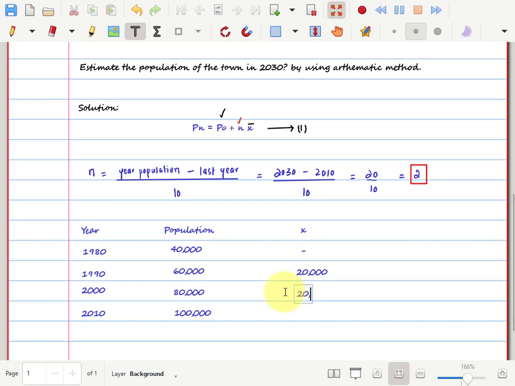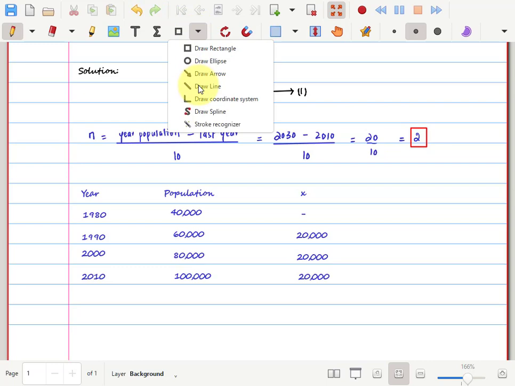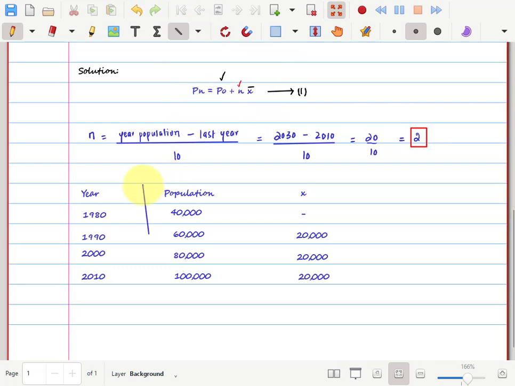There is again a 20,000 increase in population, and in 2010 the increase in population is again 20,000, because 100,000 minus 80,000 is 20,000. So these are values of x, right? Year and population, this is x.